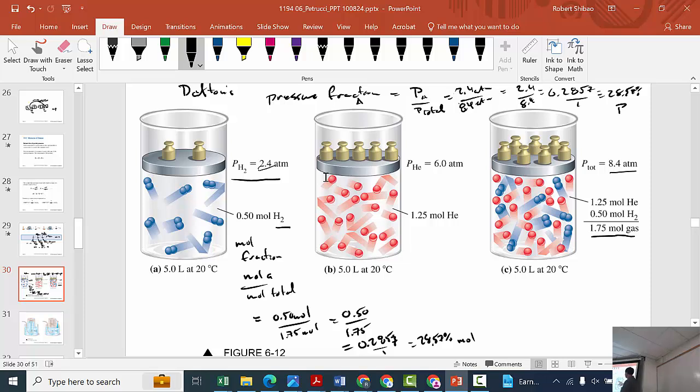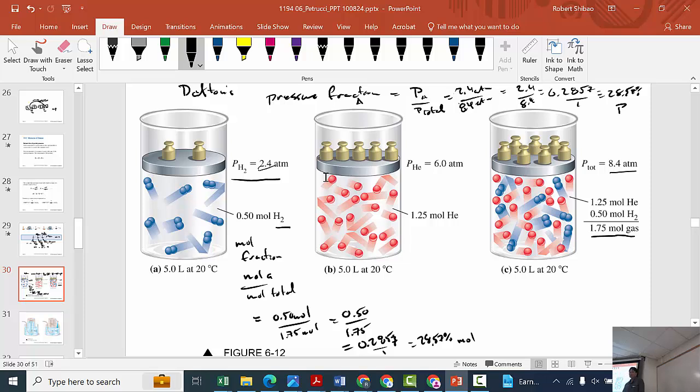So this mixture over here is 28.57% hydrogen, the blue one, by mole, and it's 28.57% hydrogen by pressure. Because the pressure that's going to be generated by the blue molecules hitting the wall is 2.4 atmospheres. So over here in the mixture, we have the same number of blue, and so we'll generate the same pressure. 2.4 atmospheres worth of the pressure in the mixture is going to be generated by the blue fluid.